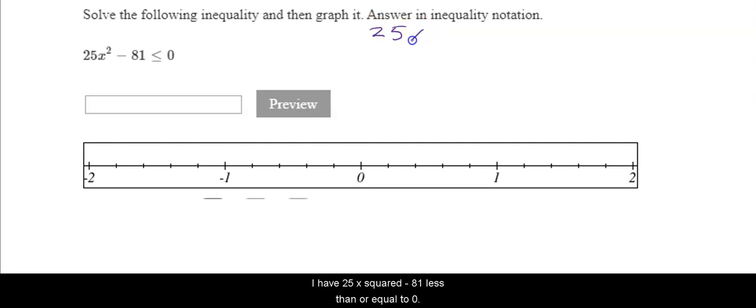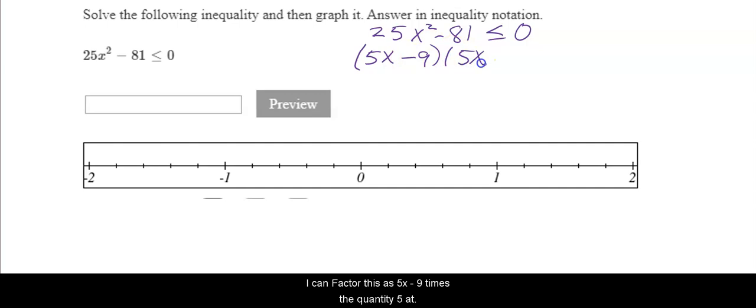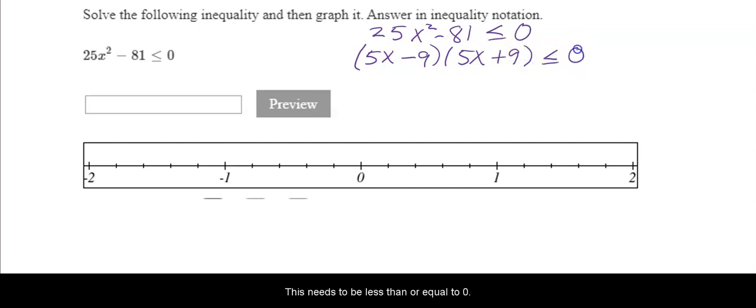I have 25x squared minus 81 less than or equal to 0. Because I don't have an x term, my only hope is that it is the difference of two squares, and it is. I can factor this as 5x minus 9 times the quantity 5x plus 9. And this needs to be less than or equal to 0.